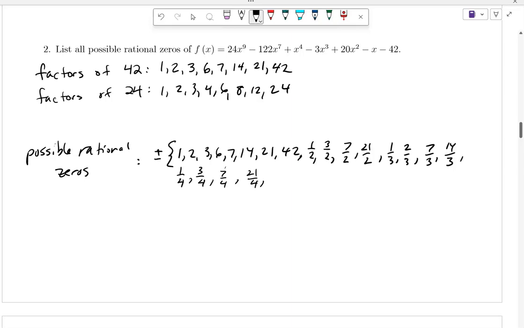Is the process okay, what we're doing? It's very, very tedious. You're not going to have to do this many on the test, I promise. Okay. So the next one's going to be 1 over 6, 2 over 6 we already have, 3 over 6 we already have, 6 over 6 we already have, 7 over 6, 14 over 6 we have, 21 over 6 we have, 42 over 6 we have.